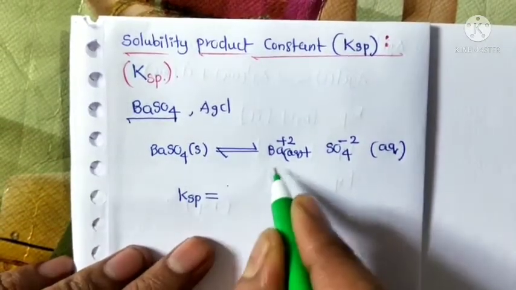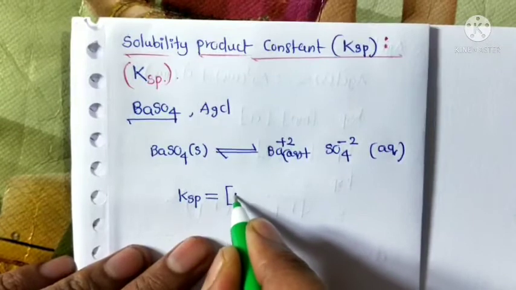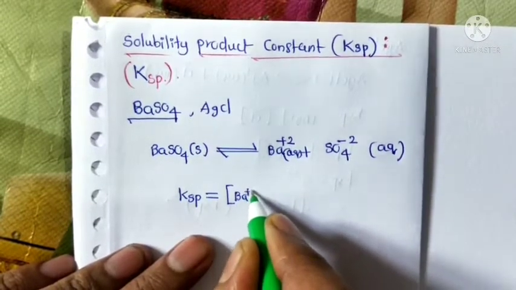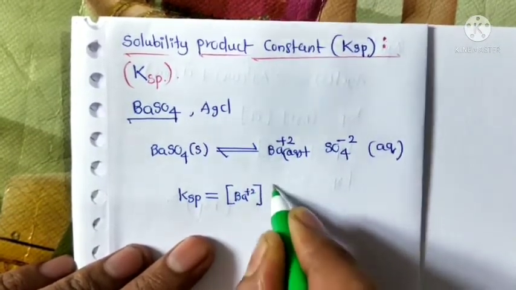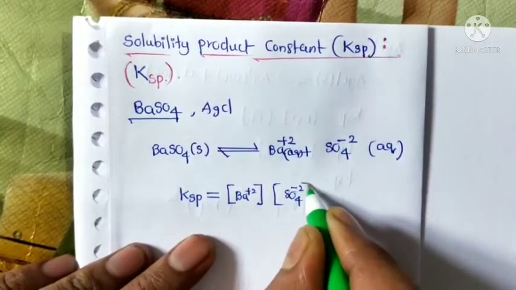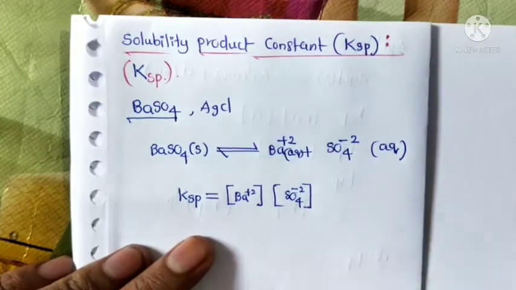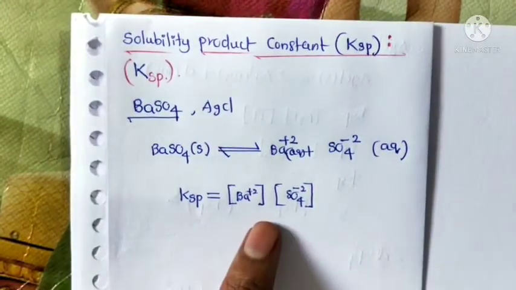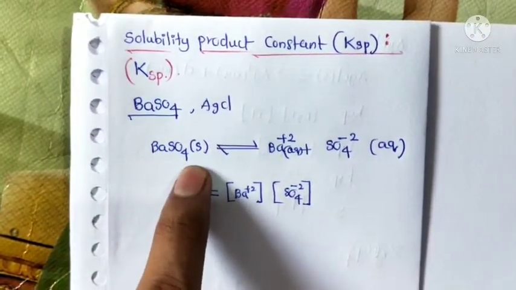The product concentration is the barium ion concentration and the sulfate SO4 2- ion concentration, divided by the barium sulfate concentration.